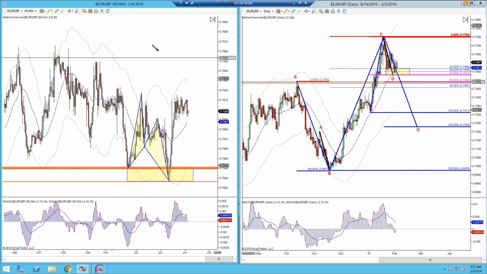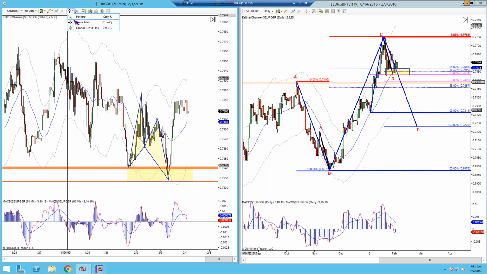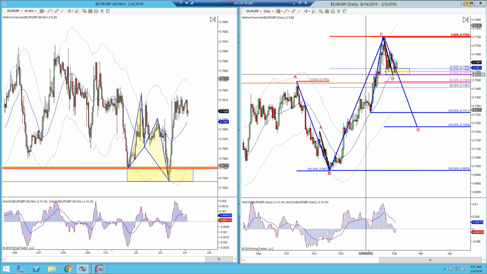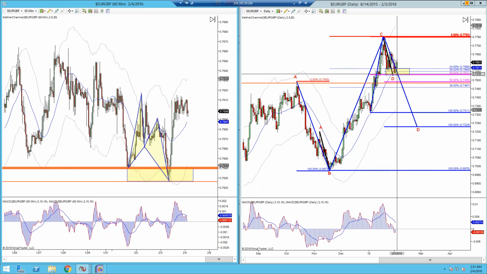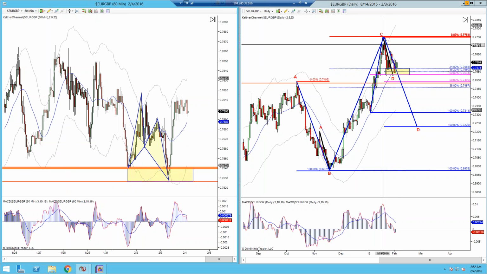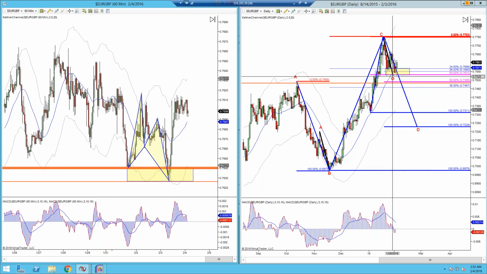And where you have these small harmonic patterns around turning points on the higher time frame, that's where the power comes from also. So you have these little harmonic patterns that are reversal points within the context and structure of the higher time frame. Think about that. You're getting a retracement on the higher time frame.